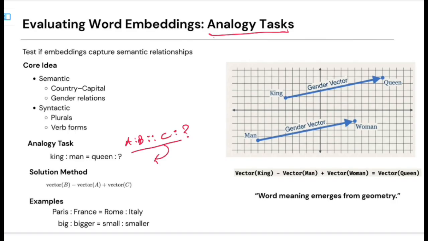Like, if man is to king, then woman is to what? What should be the answer? The ideal answer should be queen, right? But what's interesting is how the model solves this.